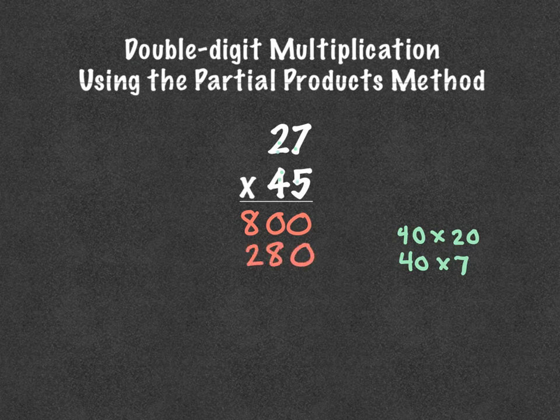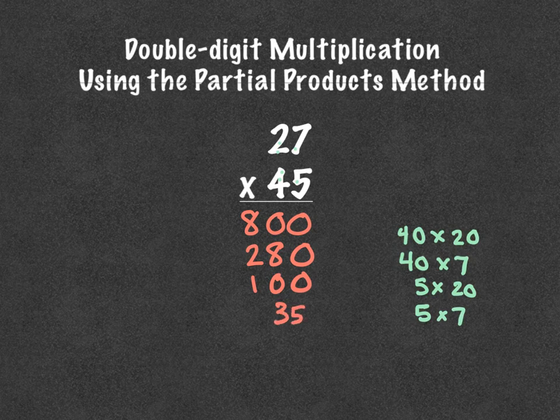And then 5 times 20, which would be 100. And then 5 times 7, which is 35. Add them up. I get 5, 11, 10, 11, 12.